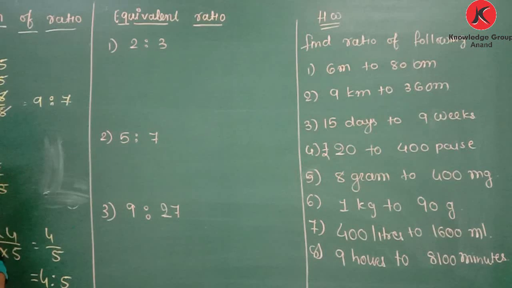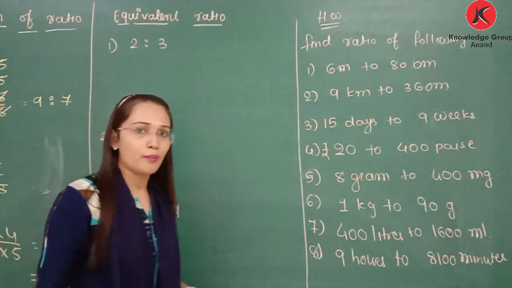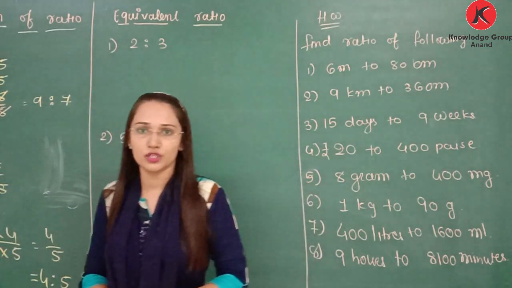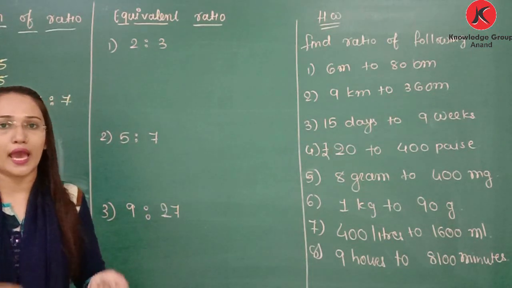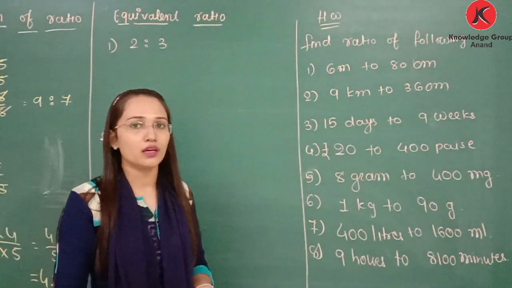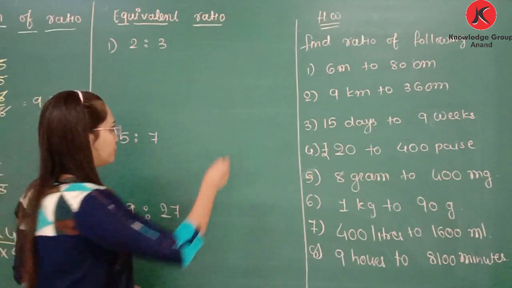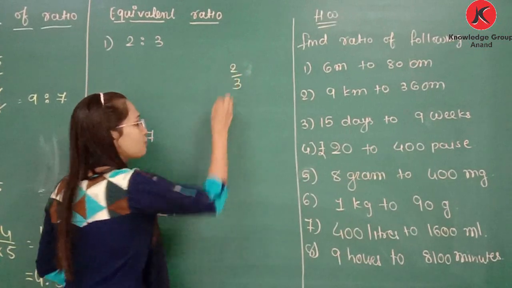Okay. Now next one, equivalent ratio. We learned about the equivalent fraction. Do you remember the method to find the equivalent fraction of a given fraction? If we multiply the numerator and denominator of the given fraction by any number, then we get an equivalent fraction. Let's take one example. If we have 2 by 3, that is a fraction.